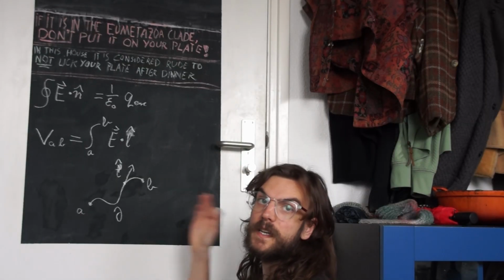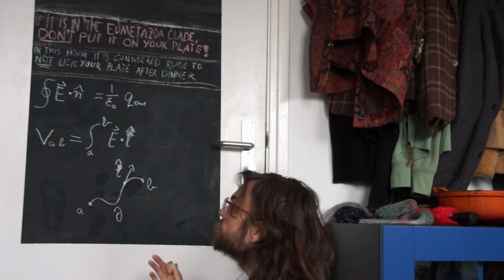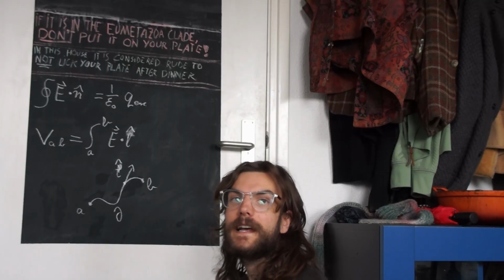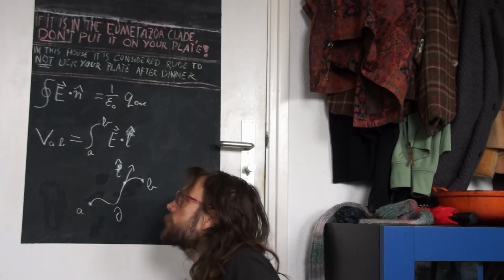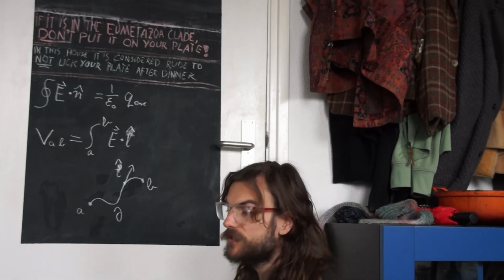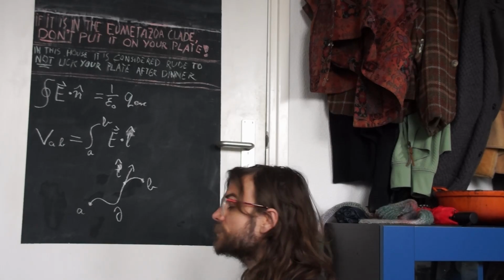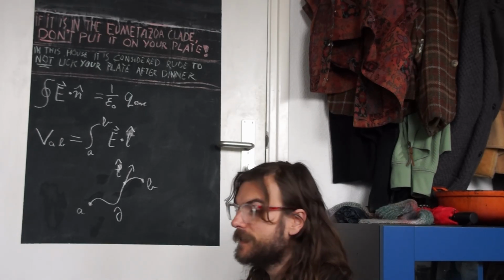So using this, we can calculate the voltage between two points in space if we know the electric field. And this voltage is very similar to the one that you see in circuits. It just doesn't hold up if you're using AC.